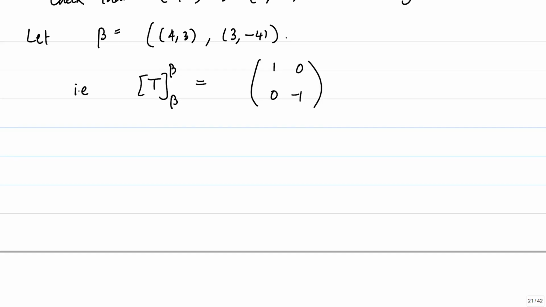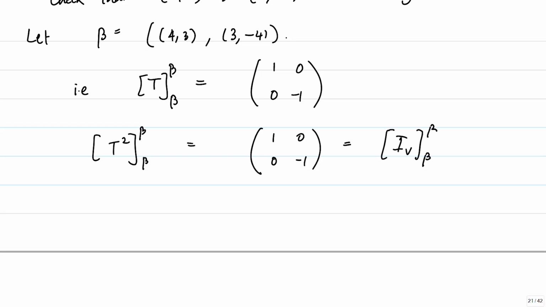It is quite nice because if you now consider T squared, the matrix of T squared with respect to beta will just turn out to be the product of this matrix with itself, which is the identity matrix, the identity with respect to the basis beta.